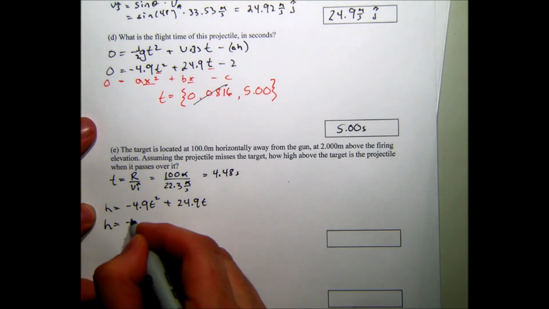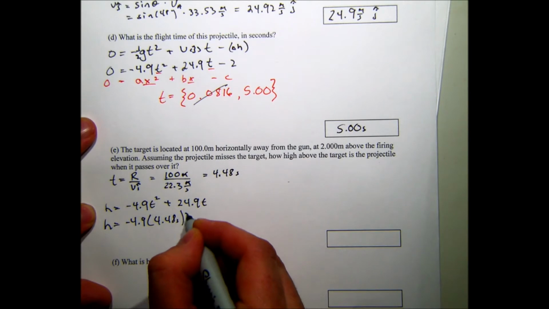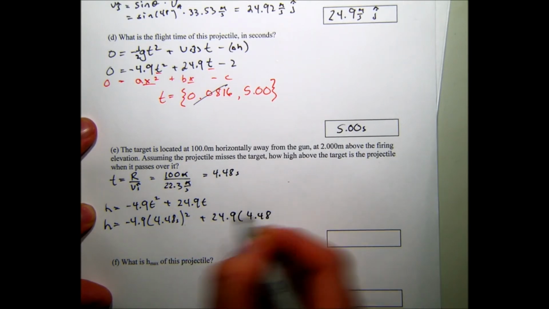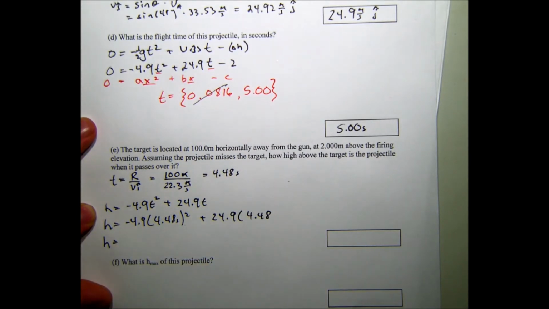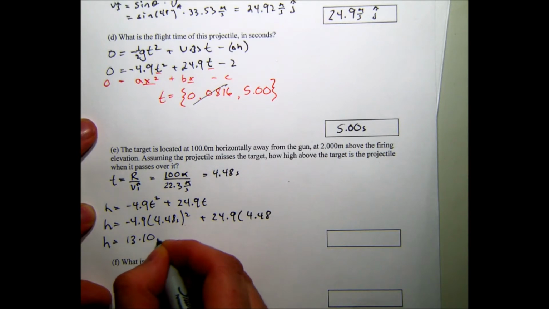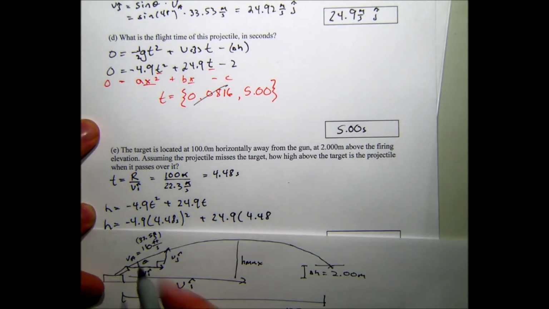So h is equal to negative 4.48 seconds squared plus 24.9 times 4.48. Making sure you don't forget your negative sign here, because that will give you a really, really big number, and that happens a lot. We end up seeing that we are 13.10 meters, and that 13.10 meters is in reference to above where it was shot.